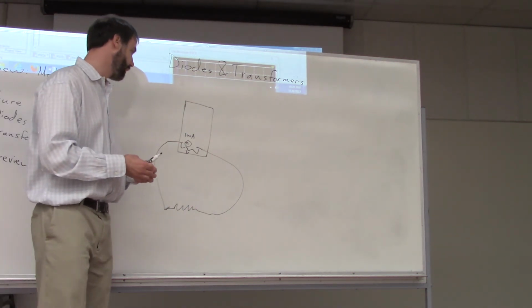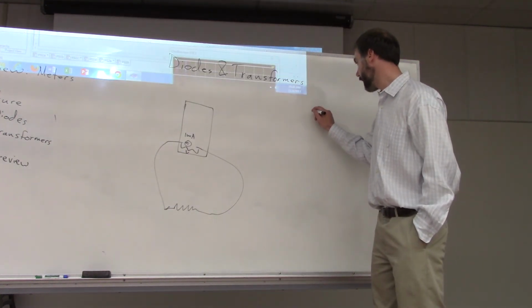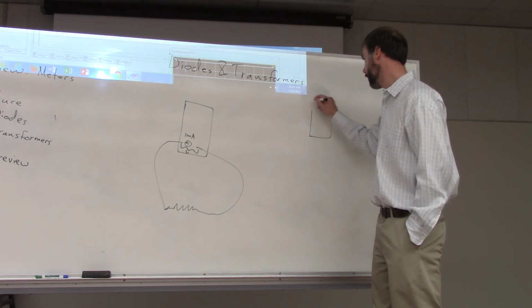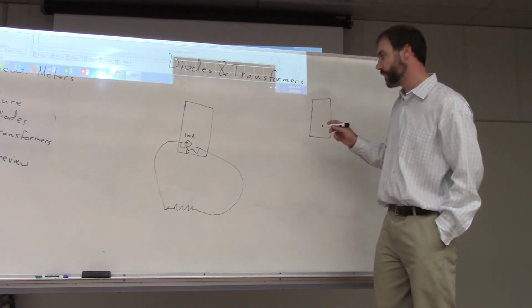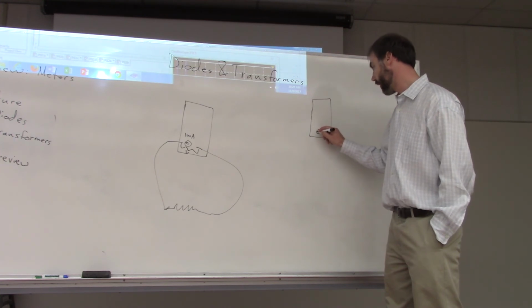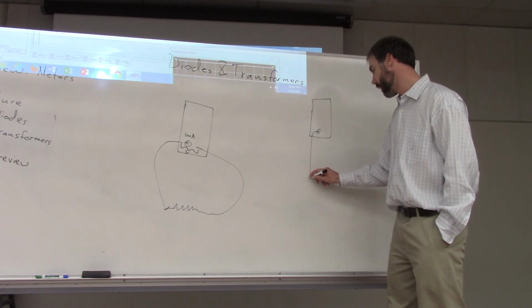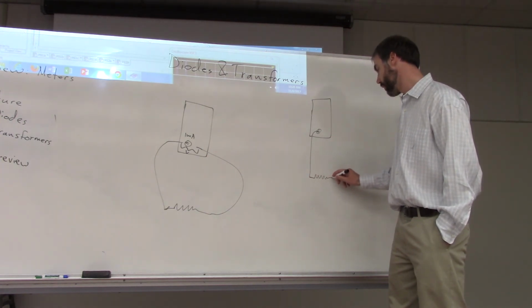What happens with four-wire meters is that there are 2 sets of leads. You still have this little current supply here, and that is still hooked up to your resistor.